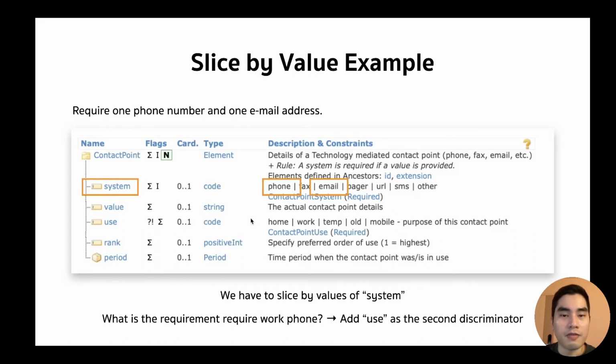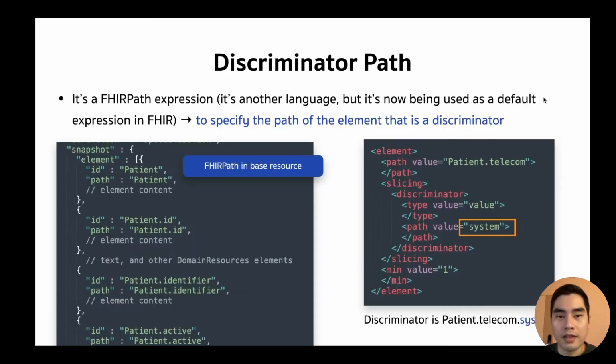And the type of that discriminator is value as well, because we want to discriminate elements with two values. One is the value from system and another one is the value of the use element. So this is how setting discriminator type as value works.